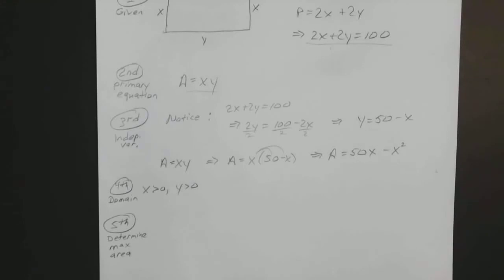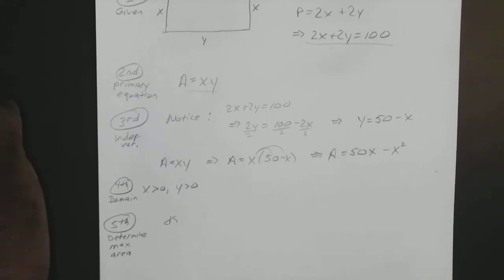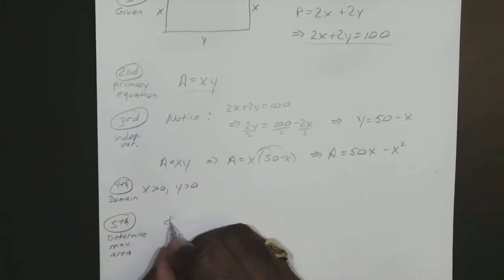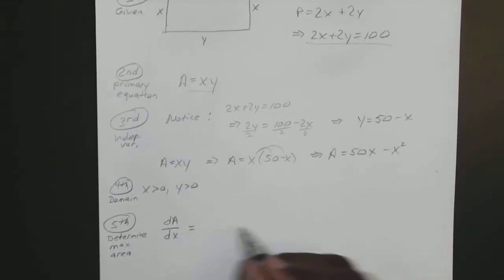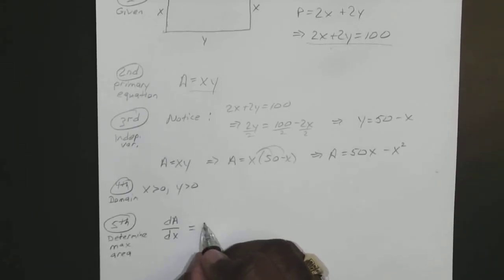Okay, so first we have to find our critical point. Derivative of A with respect to x is equal to derivative of 50 times x, which is just 50.